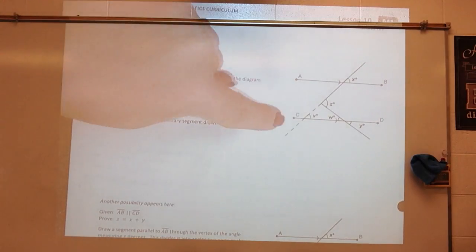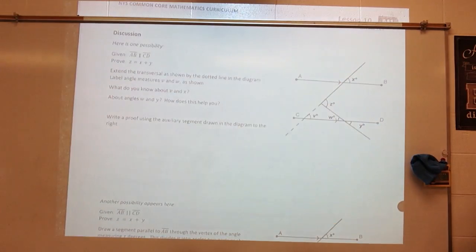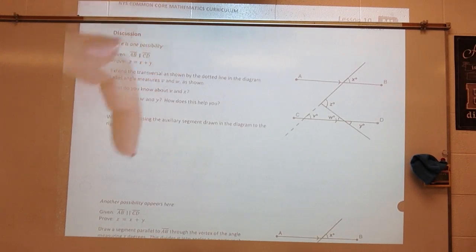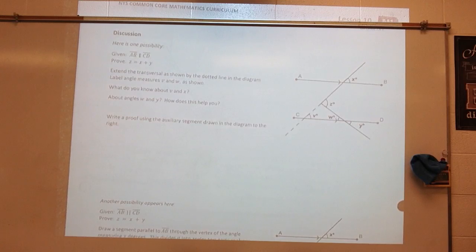Well, when I extend, guys, look at this. What do I create? I create a triangle, which may possibly come in handy when I'm trying to figure things out. What do you know about V and X?